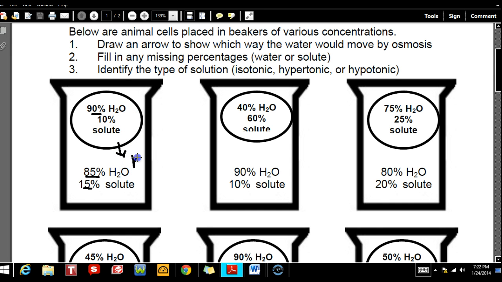So this is hypotonic, okay? But if we're talking about this cell, if it wanted to know if this cell was isotonic, hypertonic, or hypotonic, this cell would be hypertonic. But don't worry about that for this assignment. For the most part, you're going to be asked about cells.